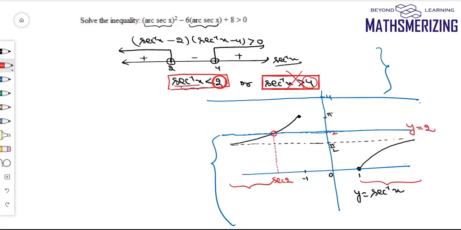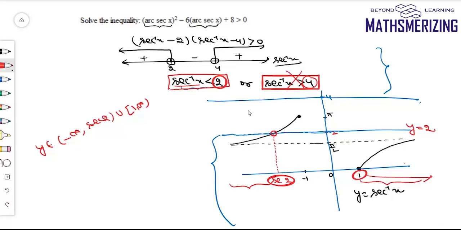I need to find the interval where the graph of secant inverse of x lies below the line y equals 2. That is from minus infinity to secant 2 and then from 1 to infinity. So the answer will be x belongs to minus infinity to secant 2, and I'll not include secant 2 because there is no equality in the question, union then from 1 to infinity.